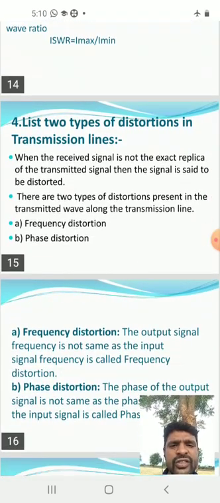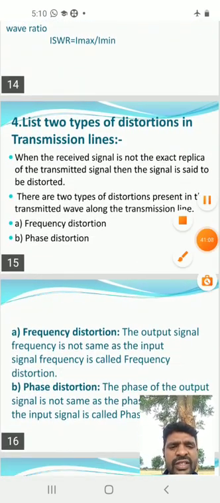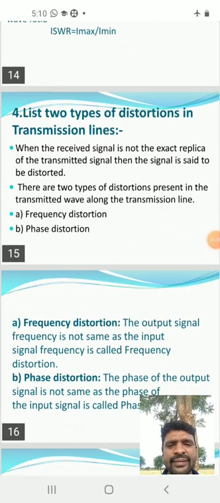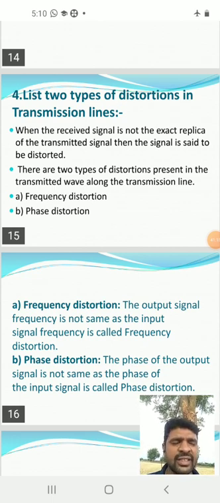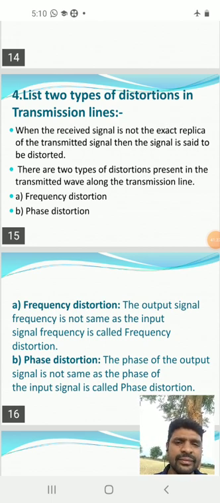Last topic, list two types of distortions in a transmission line. When the received signal is not the same as the transmitted signal, then the signal is called a distorted signal.